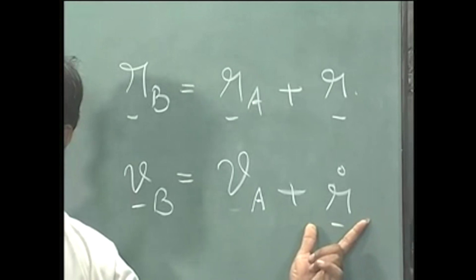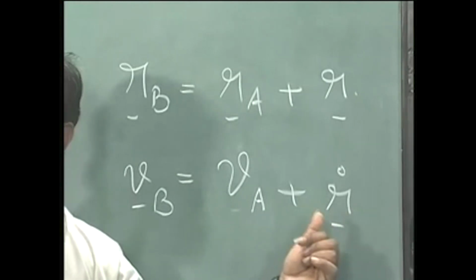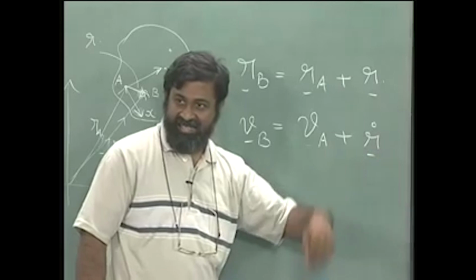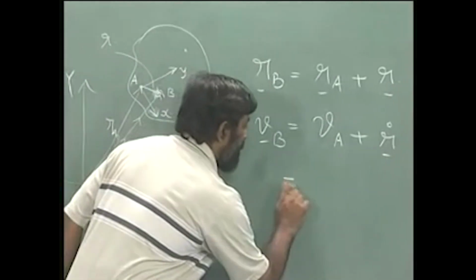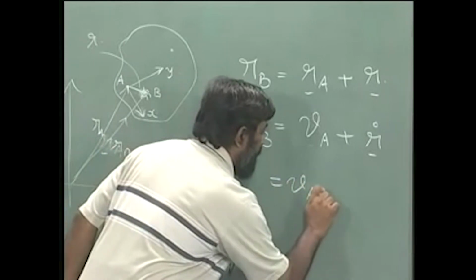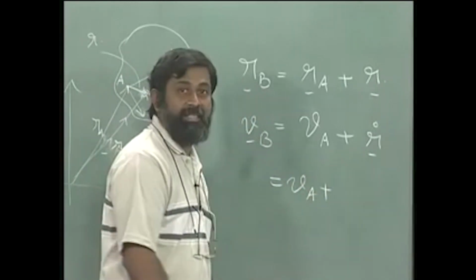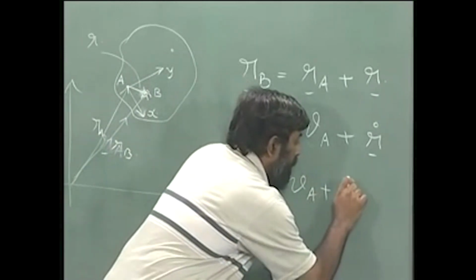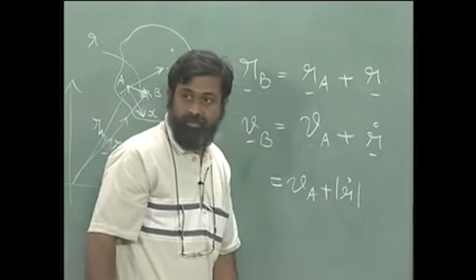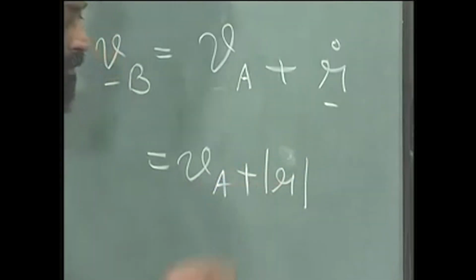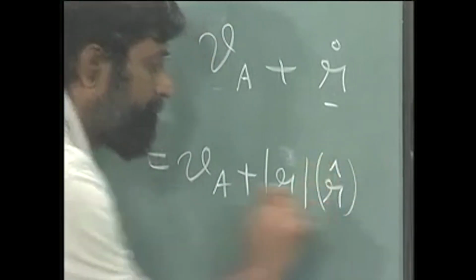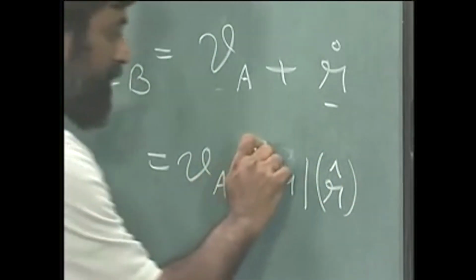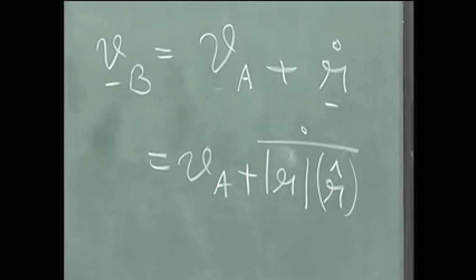Now, we have an R dot, remember this has a magnitude and a direction, okay. So, I have VA plus, I am going to now write this as R dot magnitude, or rather R magnitude times the direction, okay, the entire thing dotted.